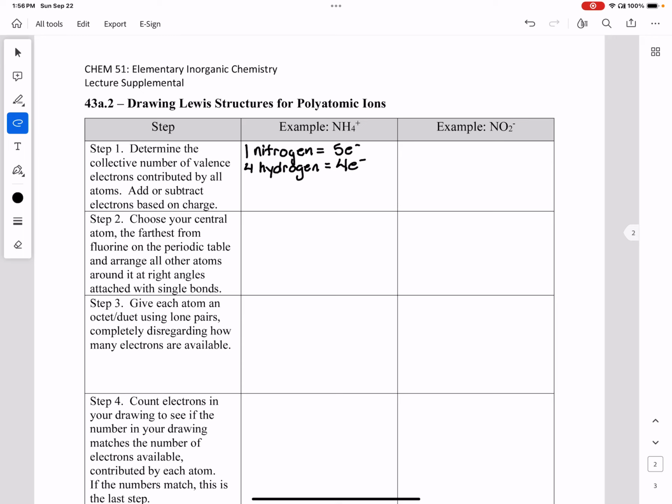Now that's an odd number of electrons. That's kind of hard to deal with in this Lewis structure model. So with a positive charge, we have to take away an electron. Okay, so we only have 8 electrons available.